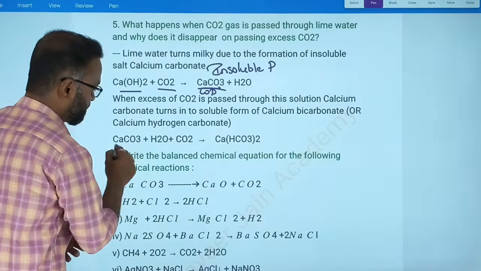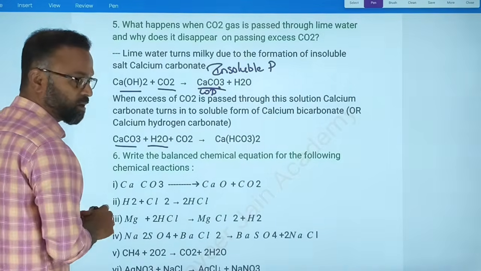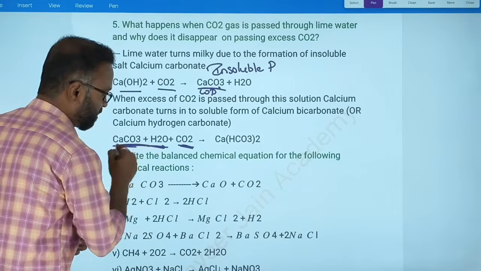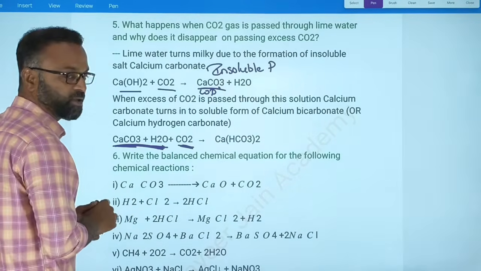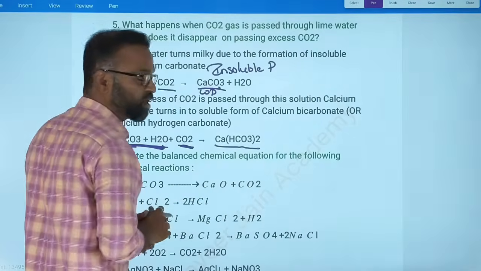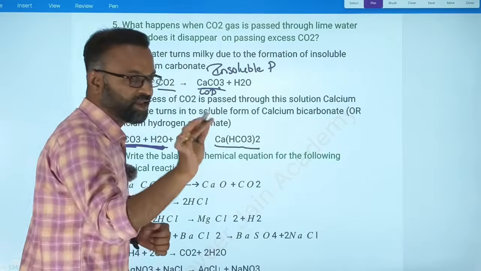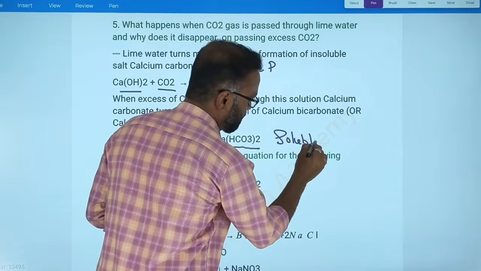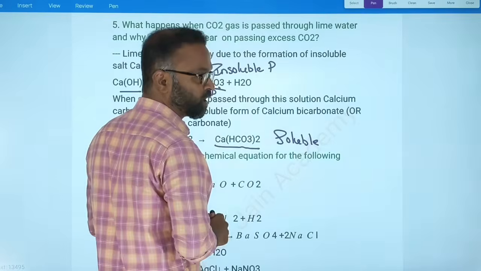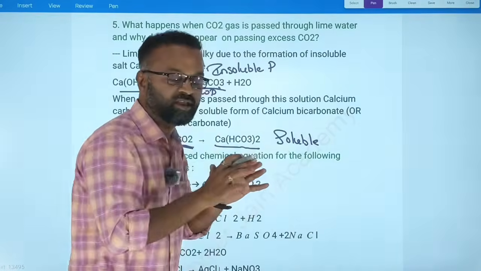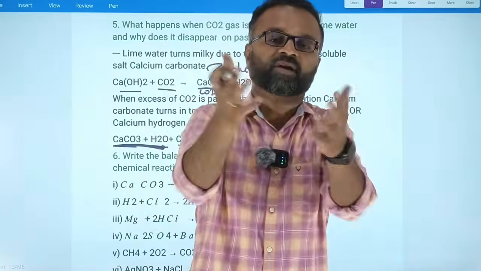Now see here, this calcium carbonate is already formed, no? On excess passing of carbon dioxide, it reacts with calcium carbonate and water, and forms calcium hydrogen carbonate. This calcium hydrogen carbonate, remember, is soluble in water. That means the precipitate will disappear, the milkiness will fade away. Again, it will become colorless.